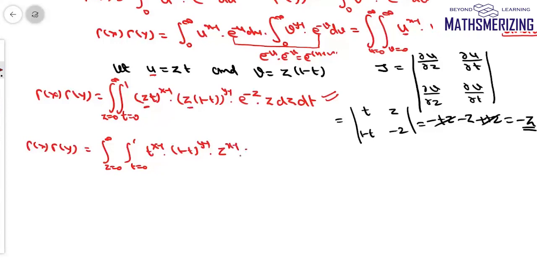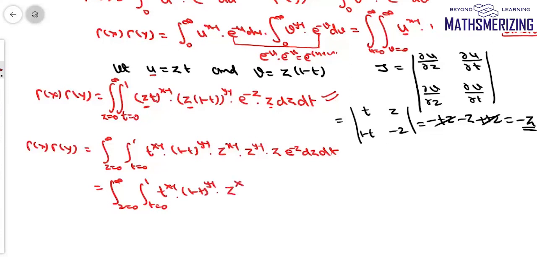Here it will be z to the power y minus 1. And then we have this one more z, e to the power minus z dz into dt. So I can write it as z from 0 to infinite, t from 0 to 1, t to the power x minus 1, (1 minus t) to the power y minus 1, and then z to the power x plus y minus 1 e to the power minus z dz into dt.